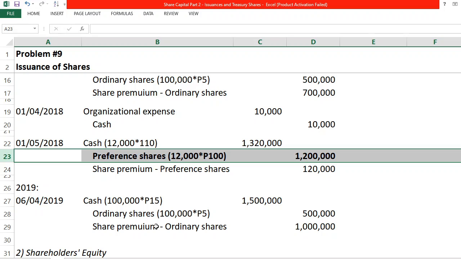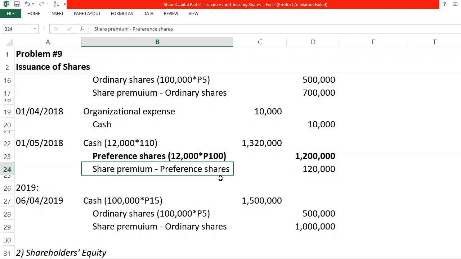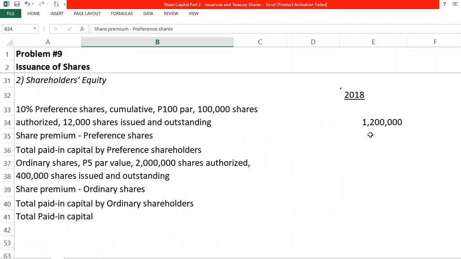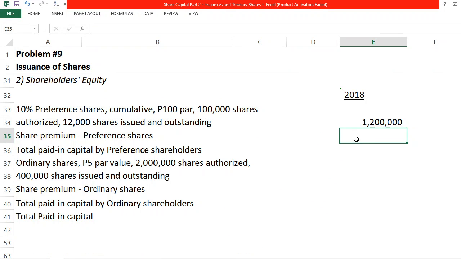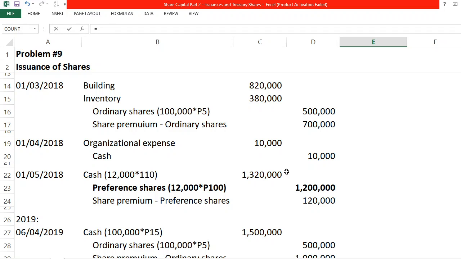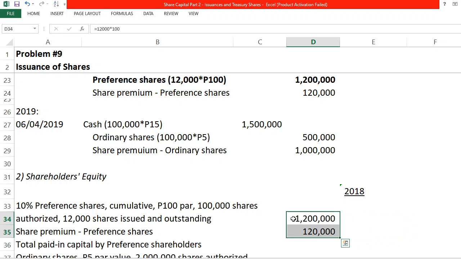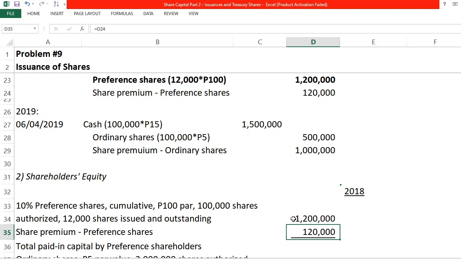I will make this bold so we know that it has appeared in the section, 1.2. Next, share premium for preference, and I guess there is only one here too. And then the total of this is, I guess, 1.32.